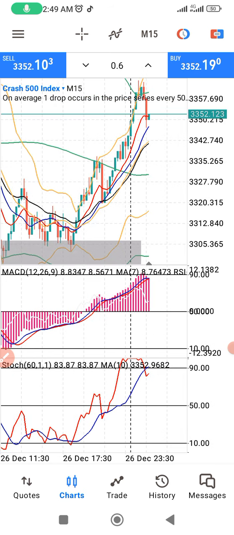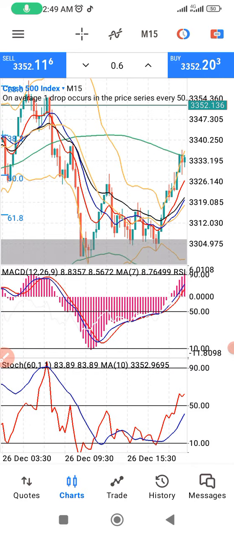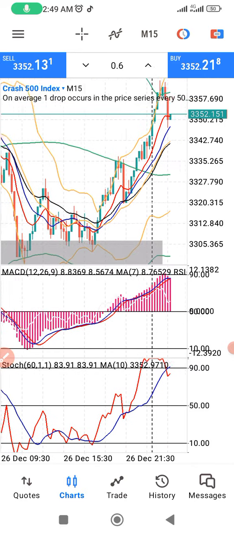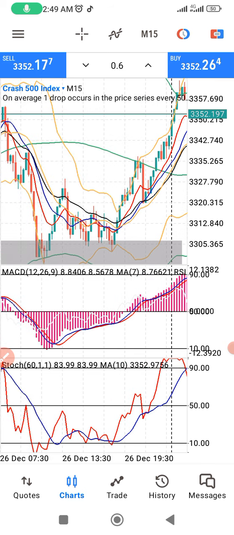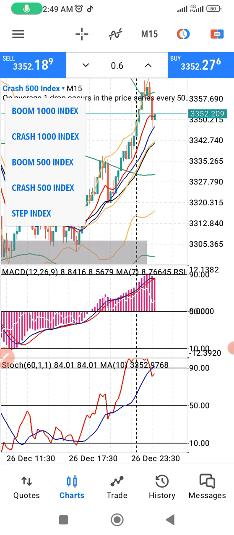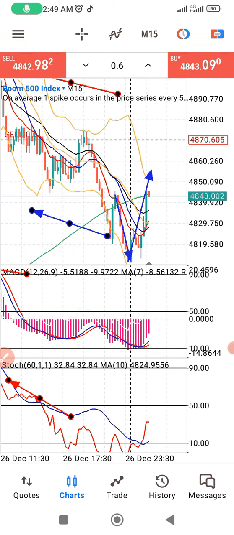So these things are pretty much simple. All you need to do is backtest them. Look at my markup for this trade that I took earlier, and then you see how everything went up perfectly well. All you need to do, train your eye to identify this pattern, and it all plays out. So here, this is my first entry.